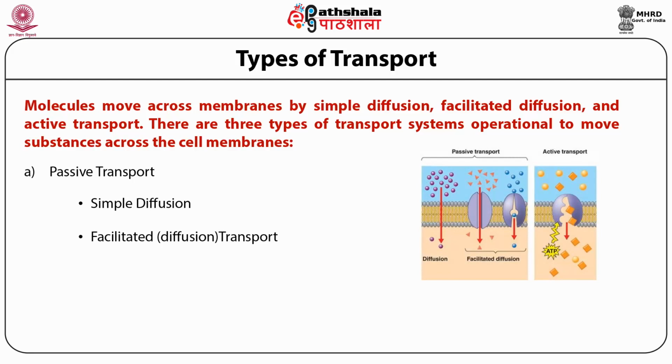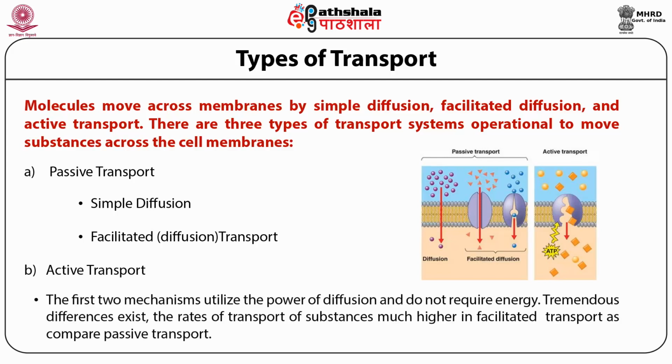And the second type is active transport, which requires ATP. The first two mechanisms utilize the power of diffusion and do not require energy. Tremendous differences exist. The rate of transport of substances is much higher in facilitated transport as compared to passive transport or simple diffusion.